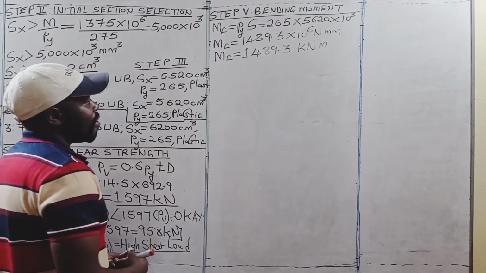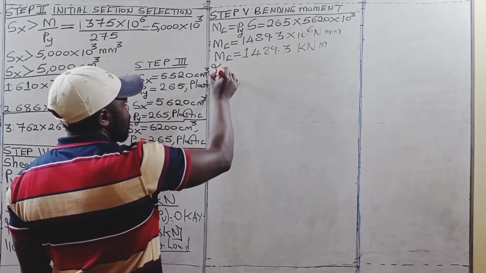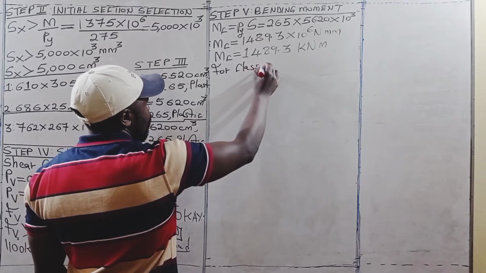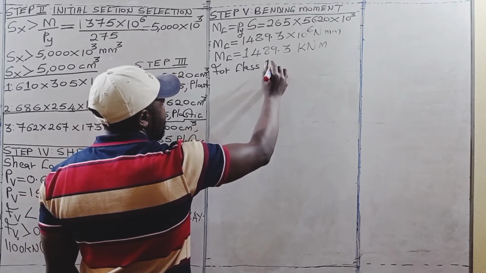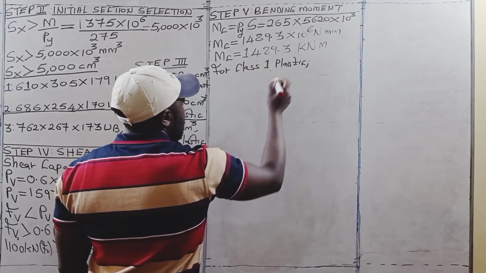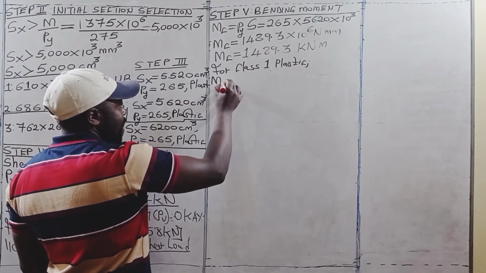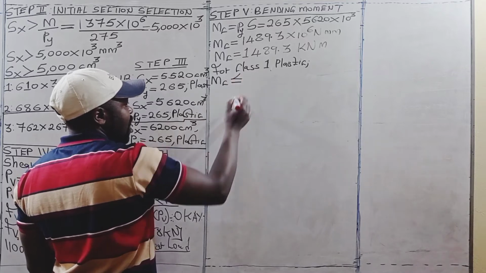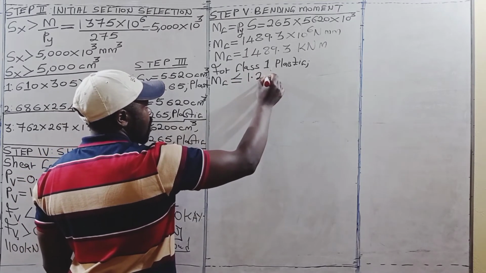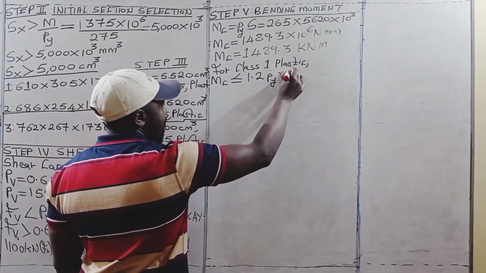We know that for class 1 plastic, the moment capacity should not exceed 1.2 PYZ.